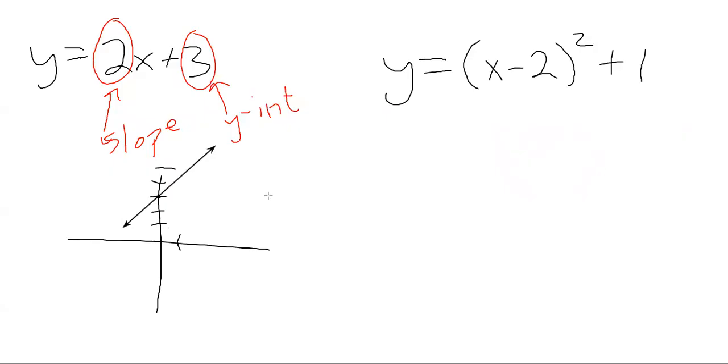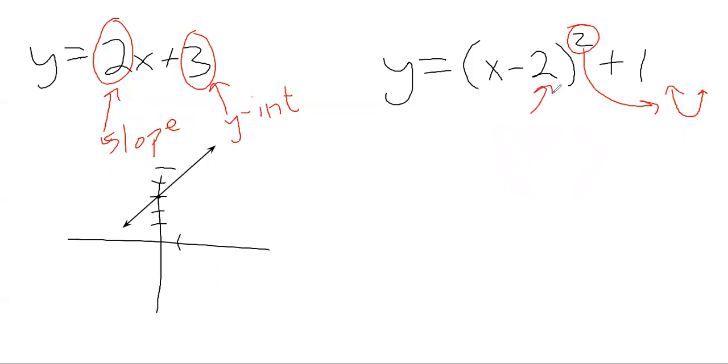On the second one, we can start out with the fact that we know it's a quadratic because of the x being squared here. So I know that this is either going to be an upward-facing parabola if it's a positive x squared, or a downward-facing parabola if it were to be a negative x squared. The other two things we want to look at are this minus 2 and the plus 1.